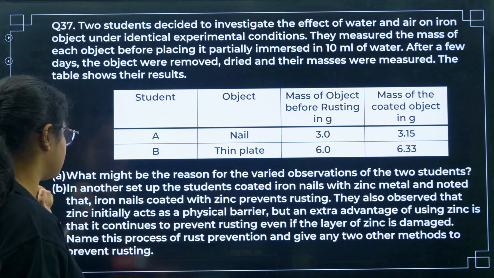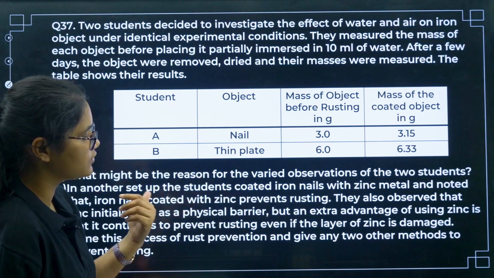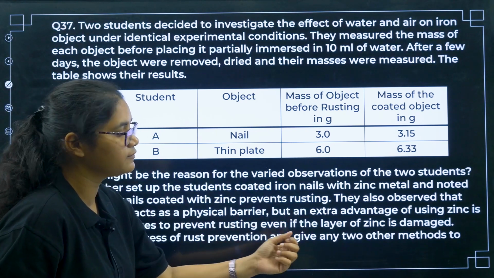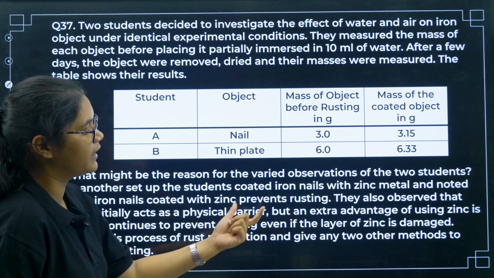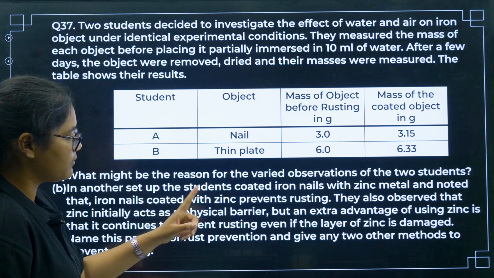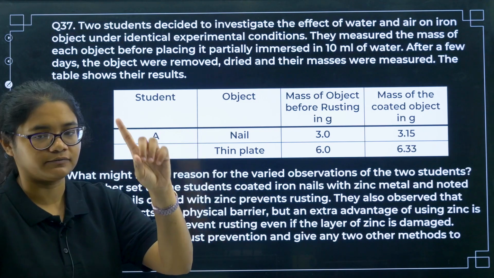They also observed that zinc initially acts as a physical barrier, but an extra advantage of using zinc is that it continues to prevent rusting even if the layer of zinc is damaged. Now name this process of rust prevention and give any 2 methods to prevent rusting. Okay. So naming will give you 1 mark and 2 methods will give you 3 marks. And this particular explanation will give you 1 mark.